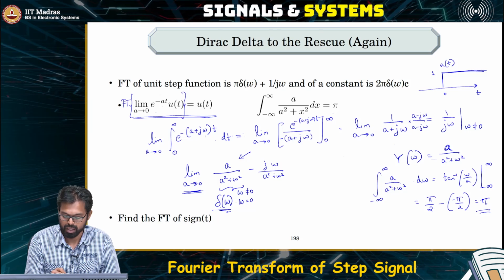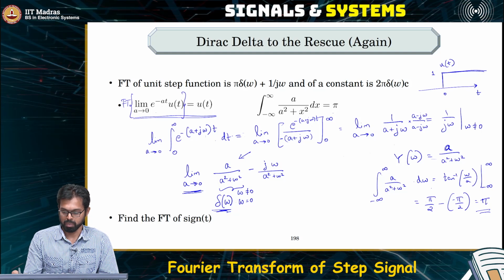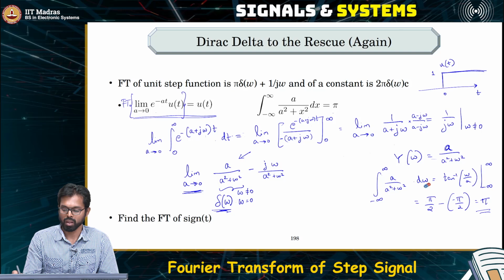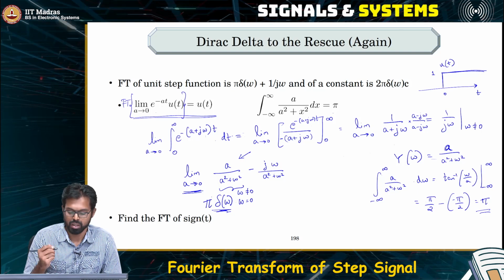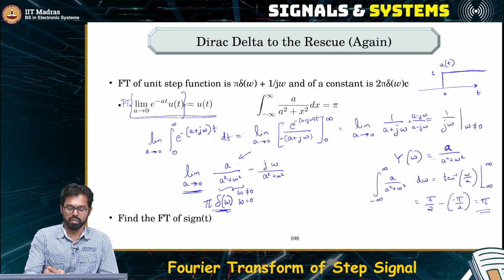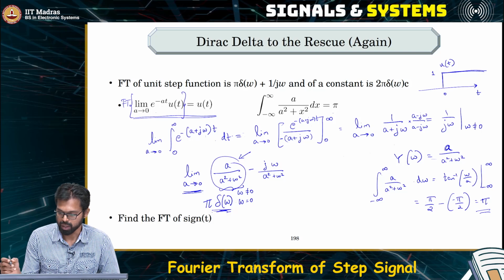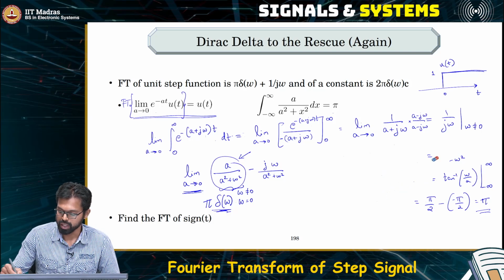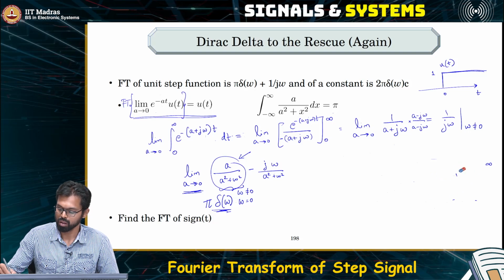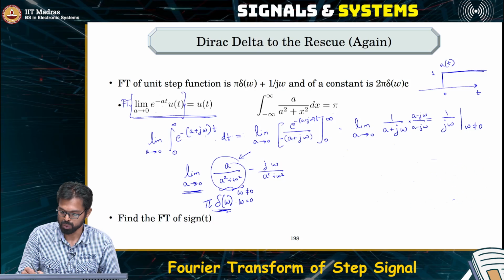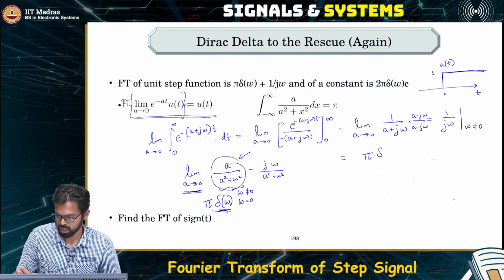But here we are getting an area which is equal to 1 when you integrate from minus infinity to plus infinity over omega. So what is missing here is the scaling factor. So we will say what we are actually having here when a tends to 0 is pi times delta of omega. So we can now find out what this limit is.